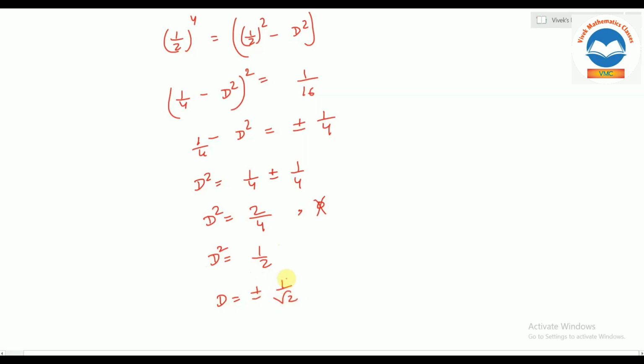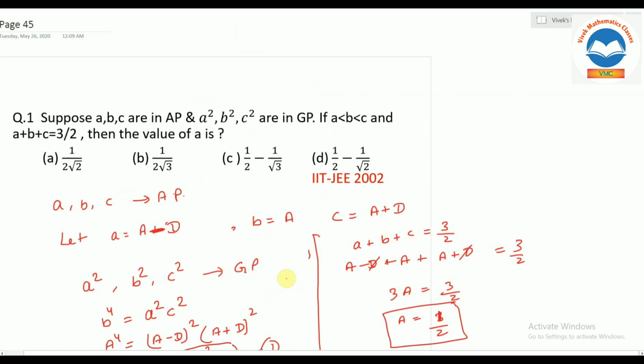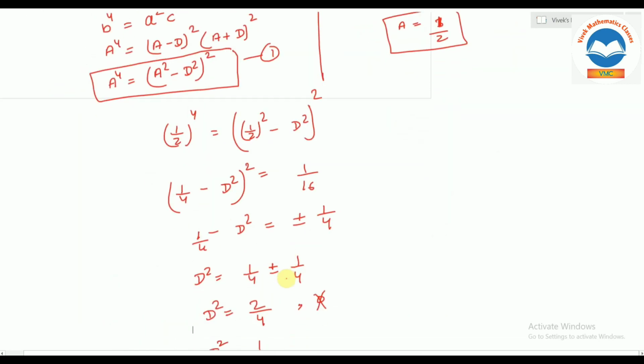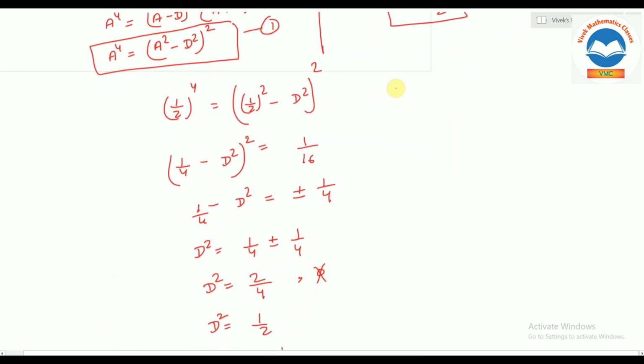So what they are asking? A value. A is what? A minus D. Okay. So small a will be capital A minus D. Capital A is what? 1 by 2 minus D is what? Plus minus 1 by root 2.